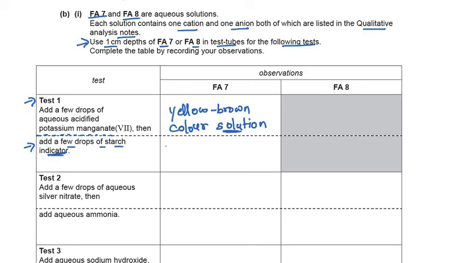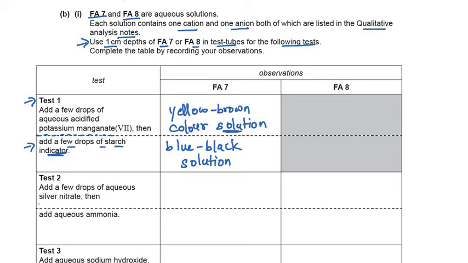The observation is that the solution turned blue-black. The color is so dark that whether you write blue-black solution or blue-black precipitate, anything is acceptable. So this is the first test and its observation.